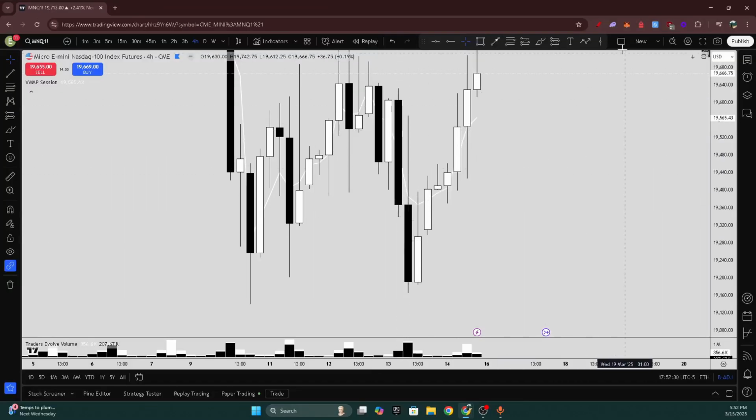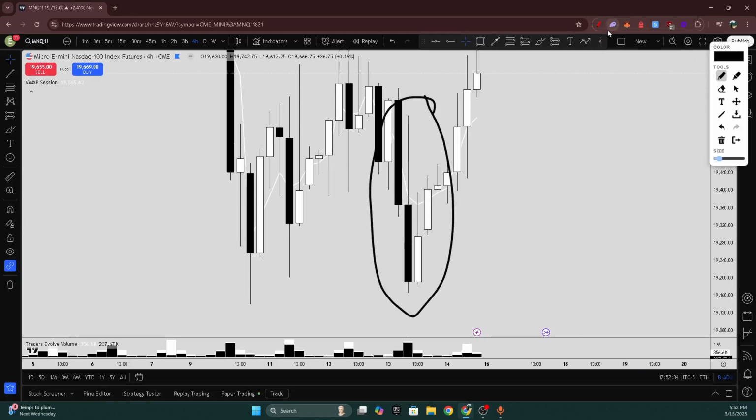So as you see on MNQ, if you take a look at this candle right here, what do we notice? The candle opened right here, right? Because in a bearish candle, the top of the closed part is the open. This is the close because it's the bottom of the closed or shaded part as well.